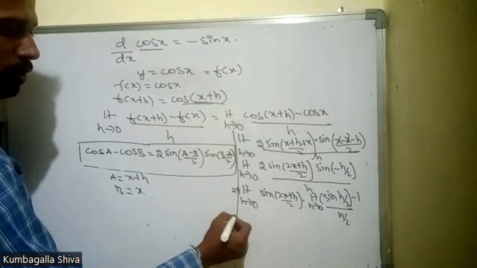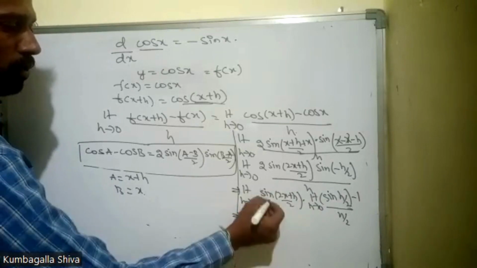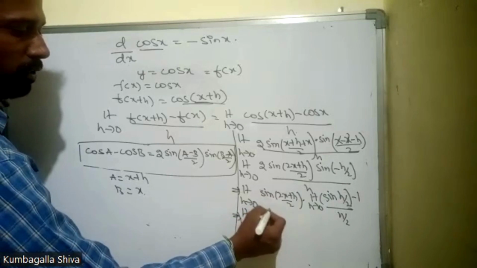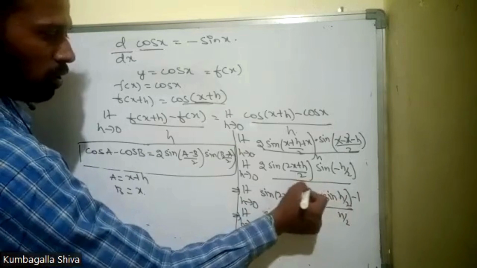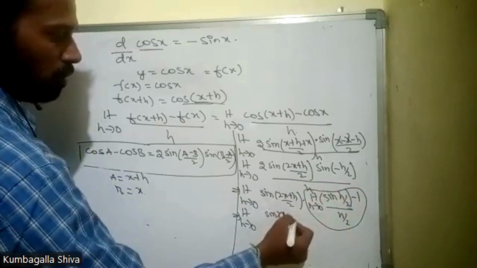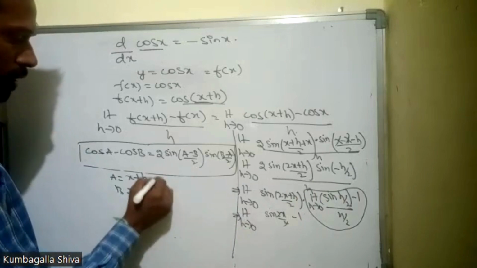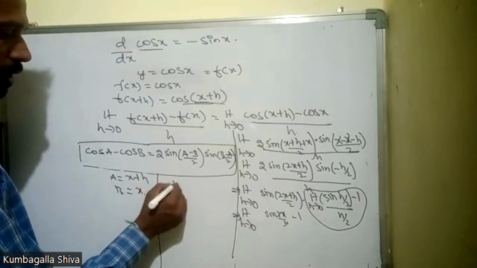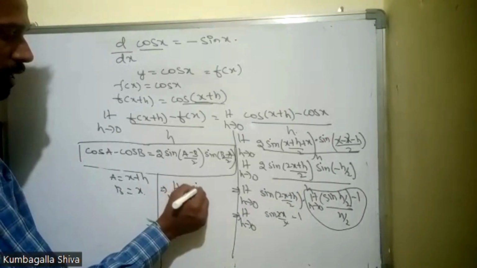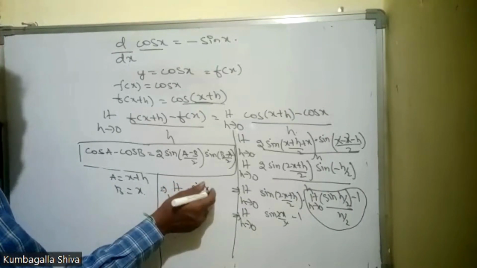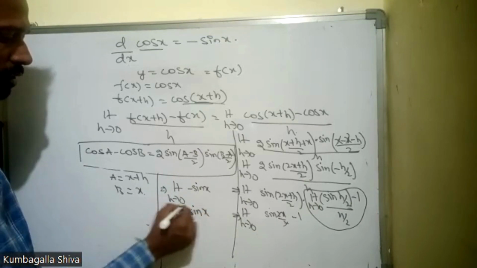If I substitute 0 here, I get sin 2x by 2; the 2 gets cancelled. So this whole result will be equal to minus 1, so sin x into minus 1. What do you get here? The final answer, limit h tends to 0, is minus sin x. There is no h to substitute here; that is why we write the result as minus sin x. That is your answer.